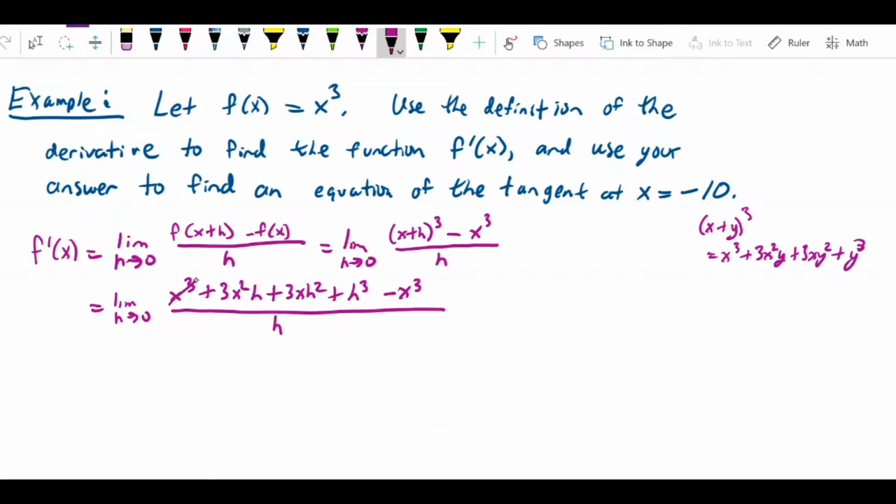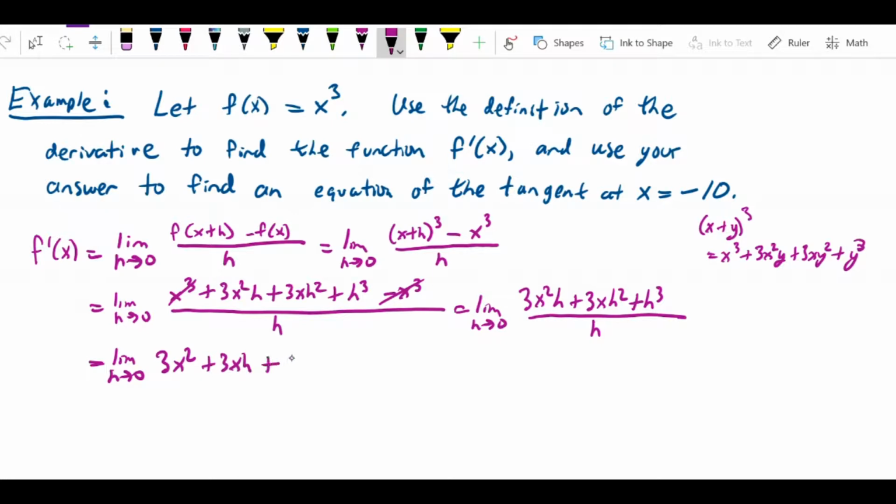Now, notice that the x cubes are just going to cancel out, leaving me with the limit as h approaches 0 of 3x squared h plus 3xh squared plus h cubed over h. Since there's at least one factor of h in every portion of the numerator, I can simply cancel one factor of h and get rid of that denominator. So that's going to be the limit as h approaches 0 of 3x squared plus 3xh plus h squared.